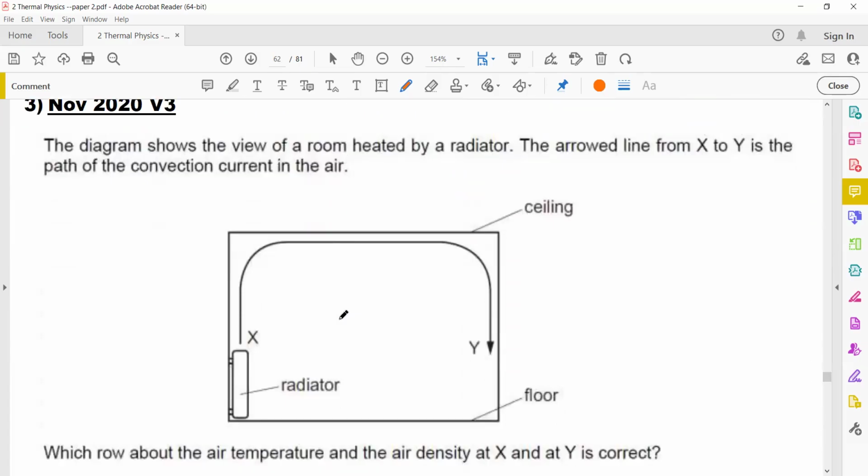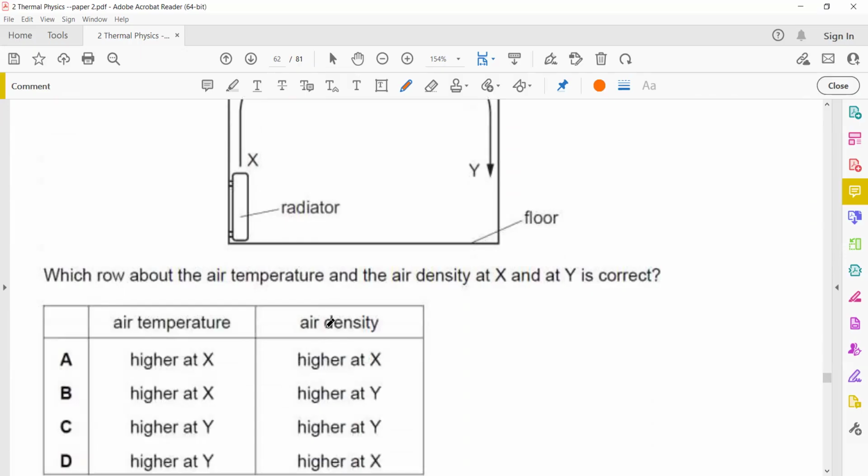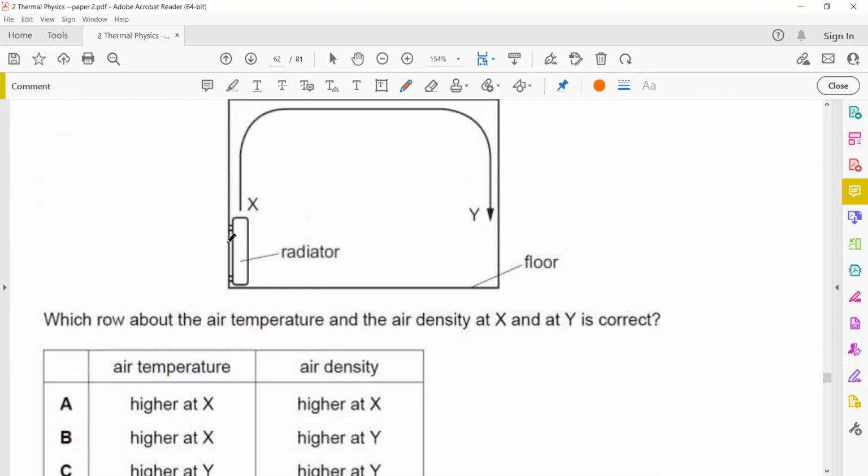In question number 3, the diagram shows the view of a room heated by a radiator. The arrowed line from X to Y is the path of the convection current in the air. Which row about the air temperature and the air density at X and Y is correct? Air temperature at X, of course, is higher because it's near the radiator.